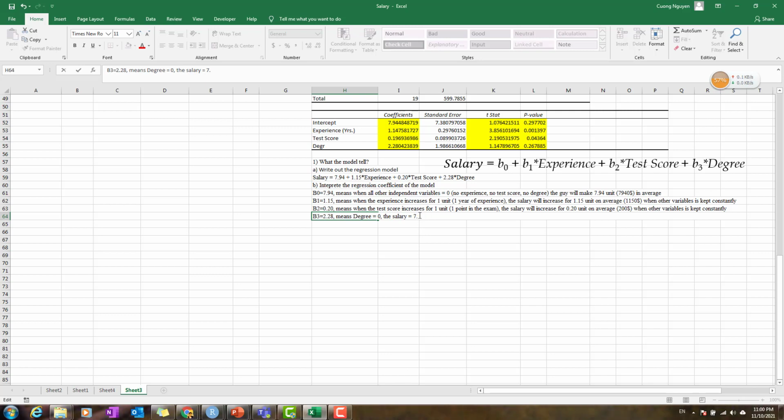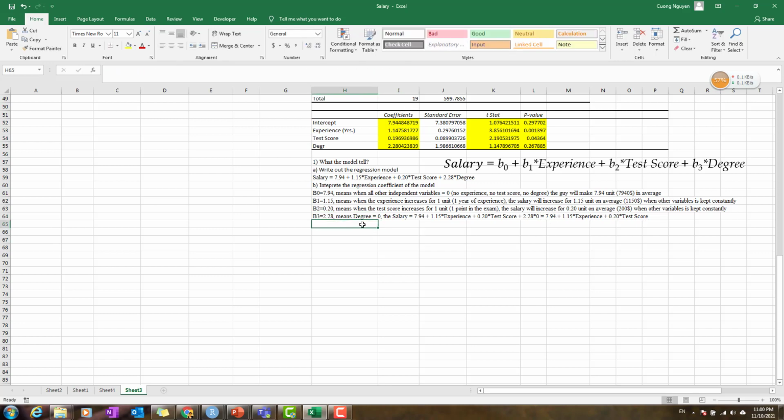I will just copy all this one, and you see what will be the difference. The salary will equal this with the test score, and the degree now is equal to 0, right? So this could be one more time all the things like that, but with the 2.28 term being 0.